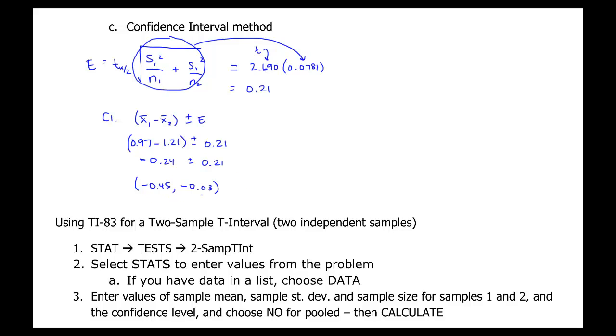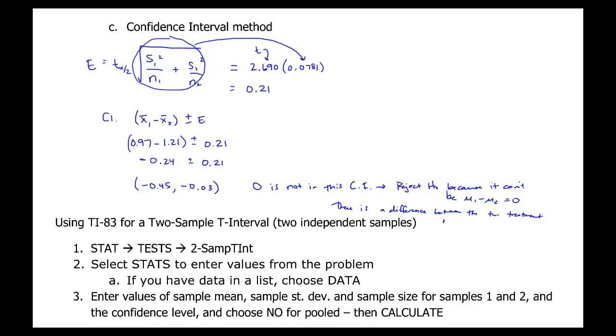So since 0 is not in this confidence interval, we have to reject the null hypothesis that says the difference can be 0. And we can say there is a difference between the two treatment methods for coughing.